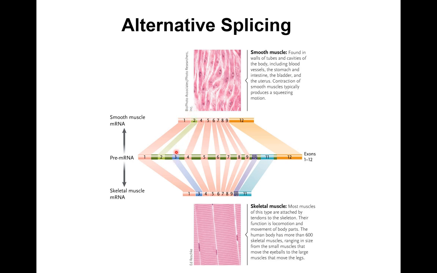So exon 3 is skipped in smooth muscle, as are exons 10 and 11. These exons are instead different in the skeletal muscles, where you have number 2 at this point. 3 is present, but number 2 is not there. And the same thing here: number 12 is not present, something that was present in the smooth muscle but not in the skeletal muscle.